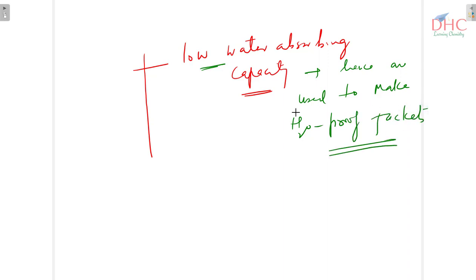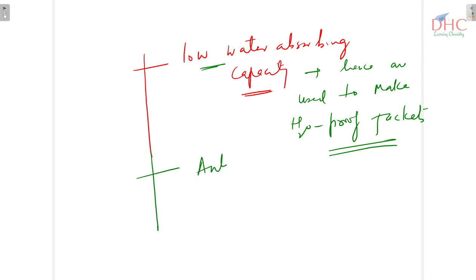In waterproof jackets you can use Teflon. Why? Because its water absorbing capacity is very low. So it doesn't absorb water much. That's why it's used to make waterproof jackets.